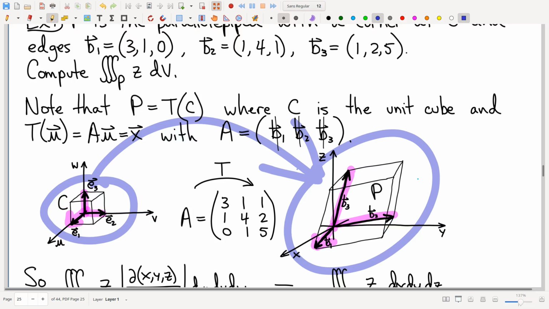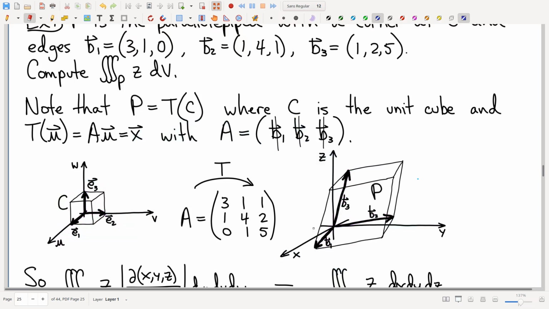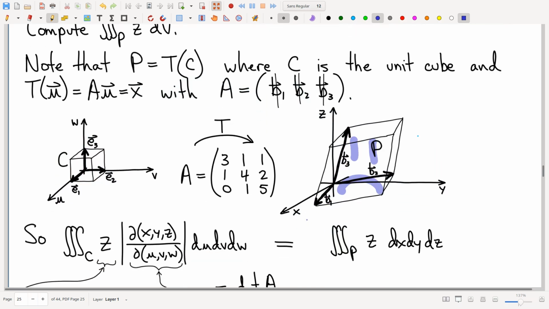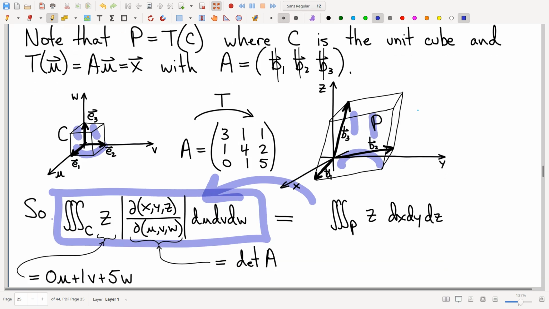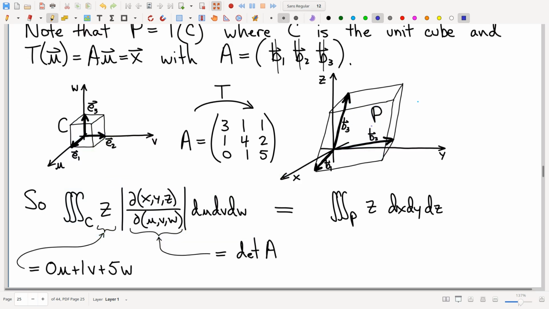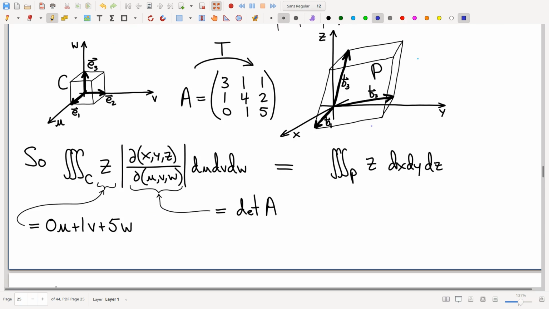So we win. It's all over but the shouting at this point. We had this nightmarish domain over here, on which we're doing some sort of an integral. We pull back, and now we have this wonderful convenient domain over here on which to do our new integral. And it's super duper easy. The only little detail, of course, is we have to think about the stretching factor. The stretching factor is the absolute value of the Jacobian determinant.